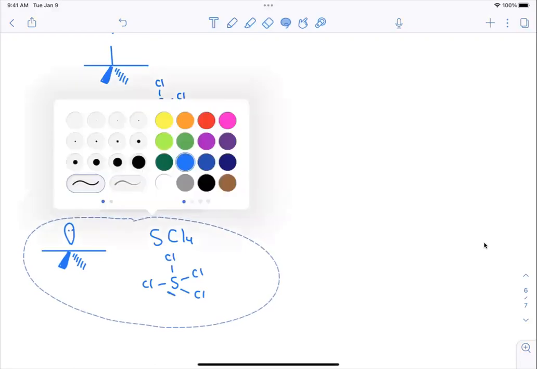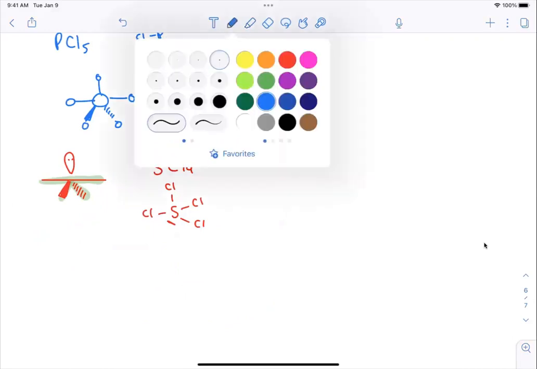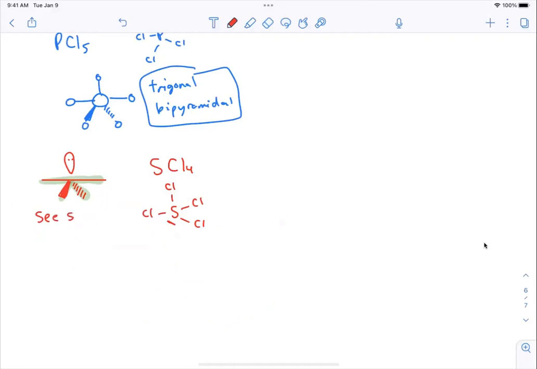I'm going to change color just so it stands out a little more. So the one on top is the first one we replace. Now, what's the remaining shape of the atoms when you take away that line? Seesaw or sawhorse, depending on what textbook you look at. So what you're left with here is a seesaw shape.